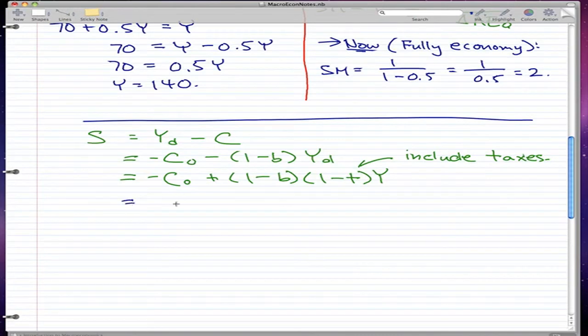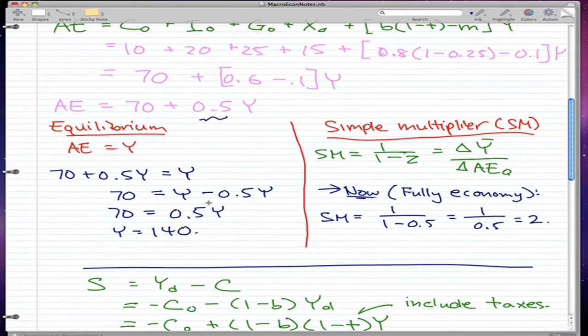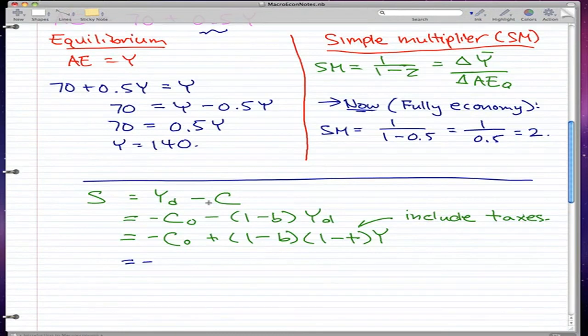So using the numbers that we had before, C0 is 10, and there's a minus in front of it, so we'll have minus 10, and we'll add 1 minus B. Our B, remember, is 0.8, and our taxes were 0.25.